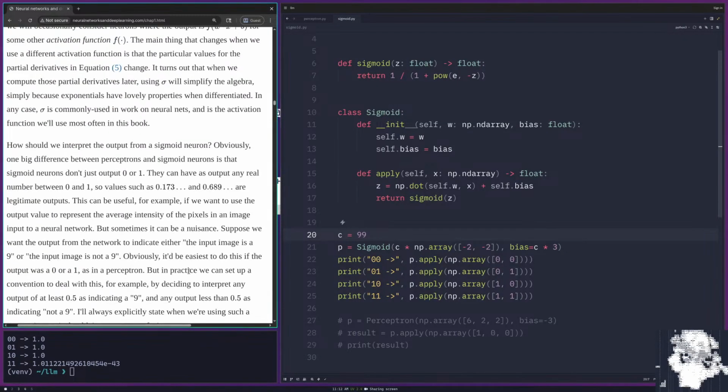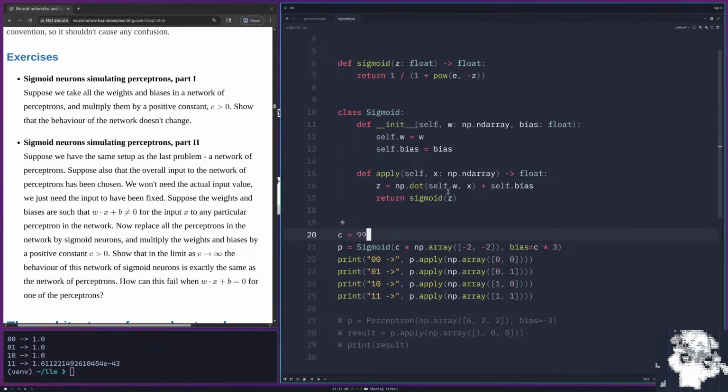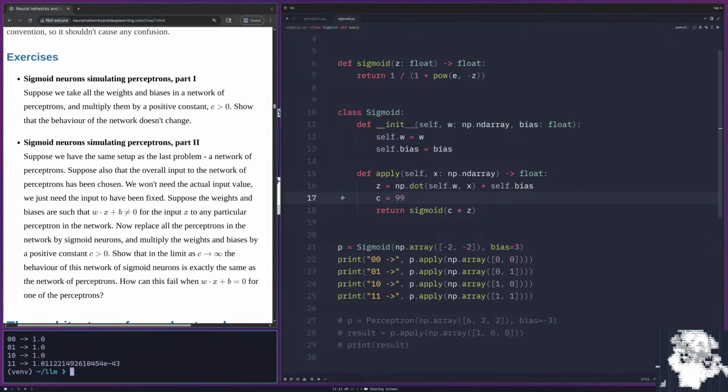So if you're multiplying the weights and the bias by c, then you basically have this whole expression multiplied by c, which means you're basically doing c times z in here. So if I remove this, but I keep the c times z up here, I think we're going to see the same result.